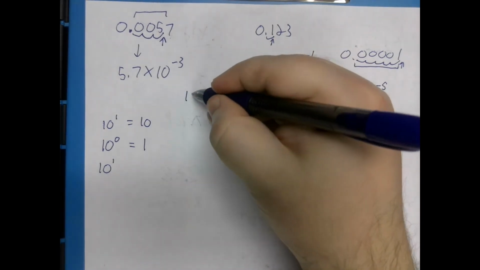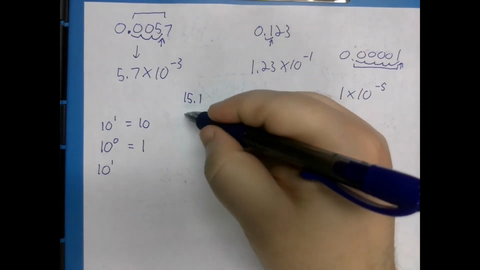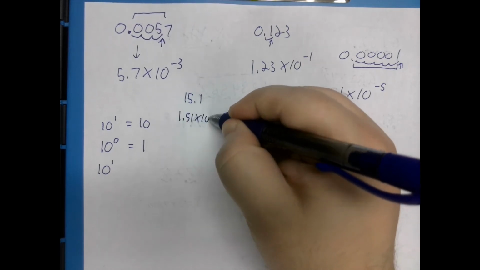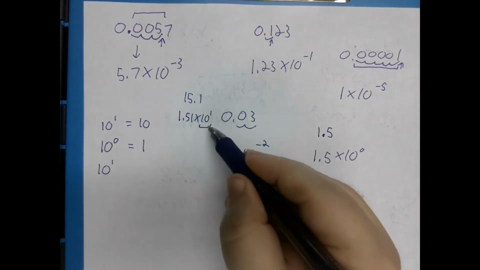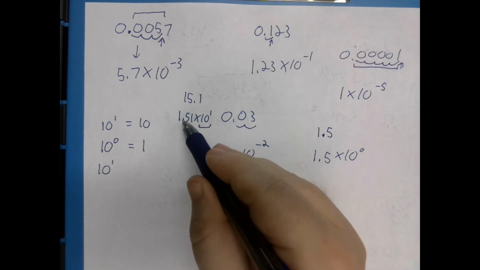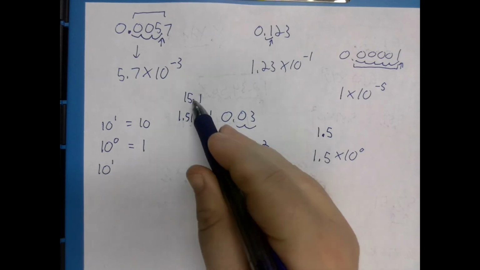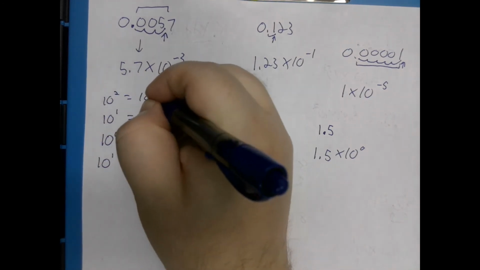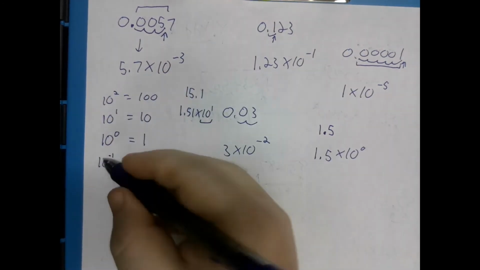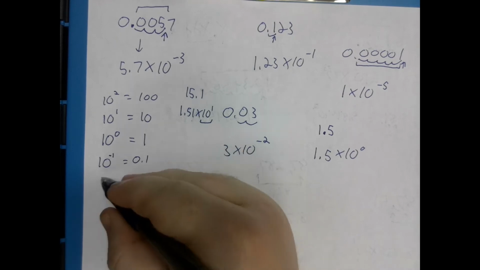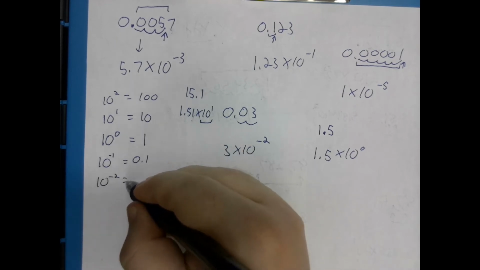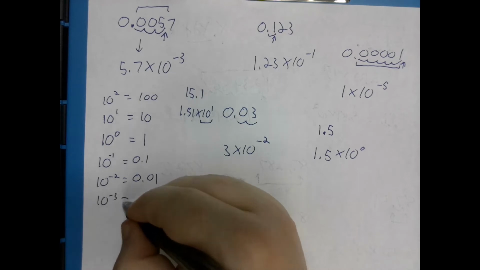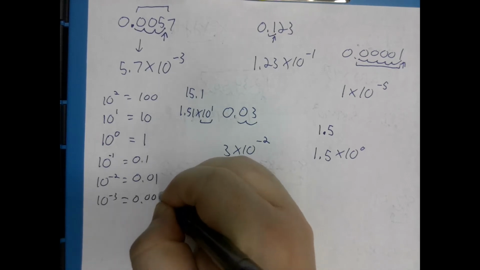So if I did 15.1 in scientific notation, that is 1.51 times 10 to the 1. 10 to the 1 is just 10, so it's 1.51 times 10, which is 15.1. 10 to the second is 100. 10 to the negative 1 would be 0.1. 10 to the negative 2 is 0.01. 10 to the negative 3 is 0.001.